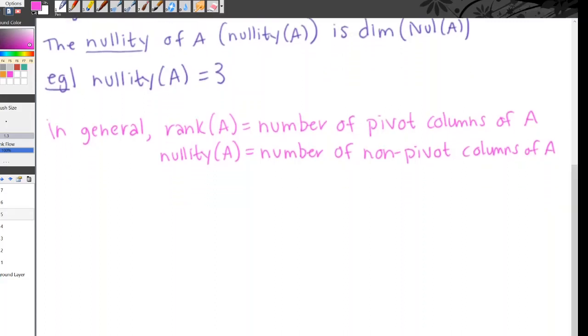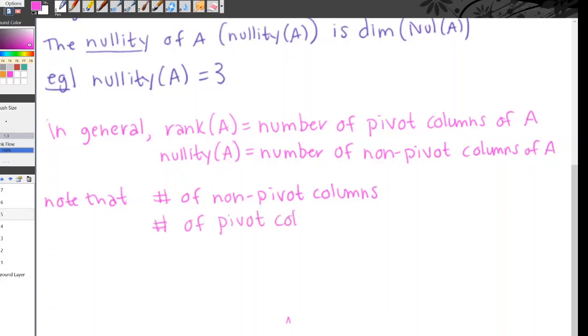Something you might notice here is that if you take the number of non-pivot columns and you add up the number of pivot columns, that's going to give you the total number of columns of the matrix. I'll write that out, and then that will lead us to an important theorem called the rank nullity theorem. What I'm going to write is probably kind of obvious: the number of non-pivot columns of a matrix plus the number of pivot columns, I should have written this in the opposite order to match what's above, but that's okay.